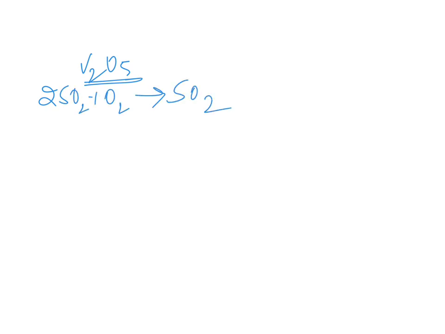Now you know that vanadium pentoxide acts as a catalyst in the formation of sulfuric acid.